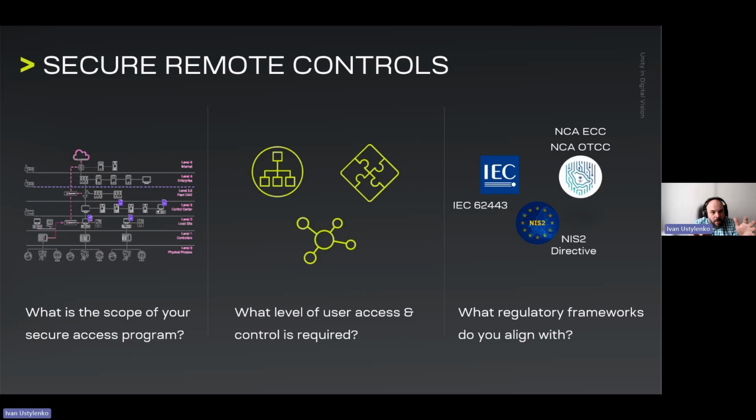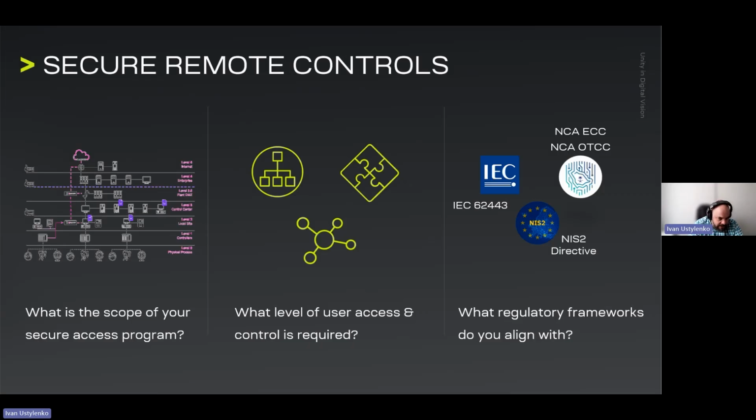So let's go deeper into the OT specific situation and remote access to OT. Now, a few questions that you might want to ask yourself when considering secure remote controls are like here on the slide. So the number one question is, what is the scope of your secure access program? So meaning which assets out of your infrastructure do require remote access?